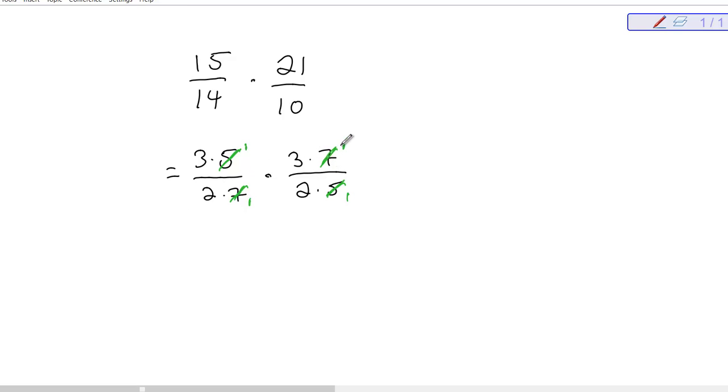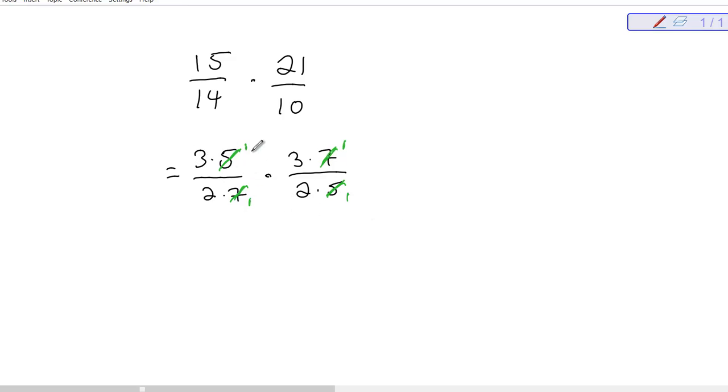to denominator situation. Notice I am not crossing out this 3 and 3 because they are both in the numerator, and I'm not crossing out the 2 and the 2 because they are both in the denominator. It has to be numerator to denominator. Once I have crossed everything out, I can multiply straight across what is left.